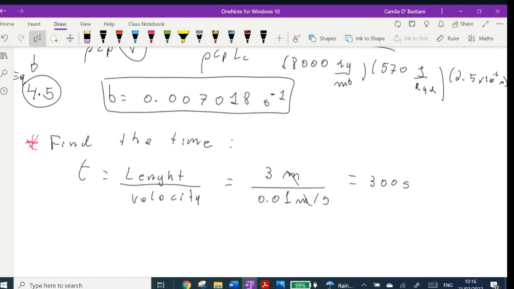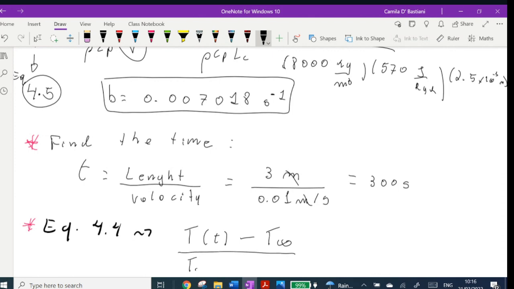Well, now we can apply the equation 4.4 from the book that tells us that my temperature at a certain time minus my temperature of the air divided by my temperature of the surface at the beginning of the process minus temperature of the air is equal to e to the power of minus B multiplied by my time.